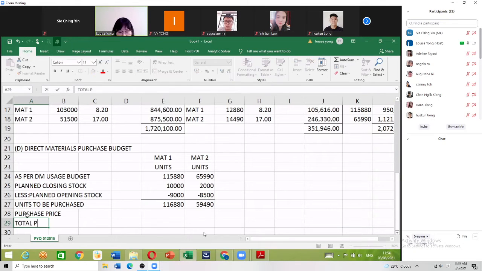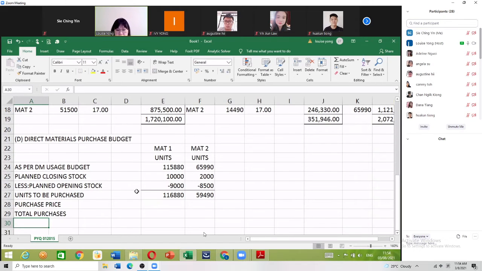Okay, so what is your purchase price? Then after that get your total purchases. Where do you find the purchase price?